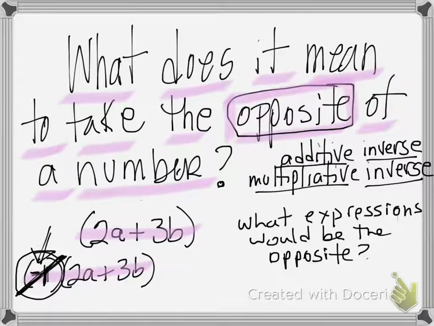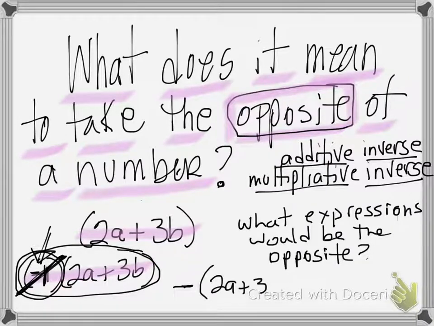So this expression more correctly could also be written simply like this: negative, in parentheses, 2a plus 3b.